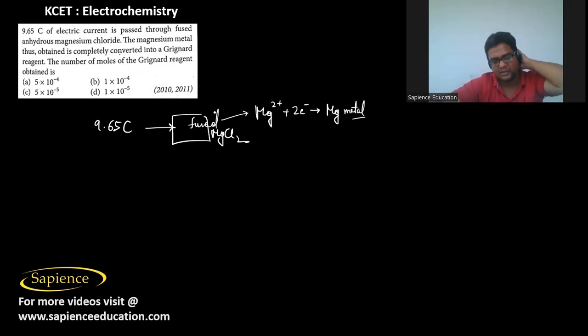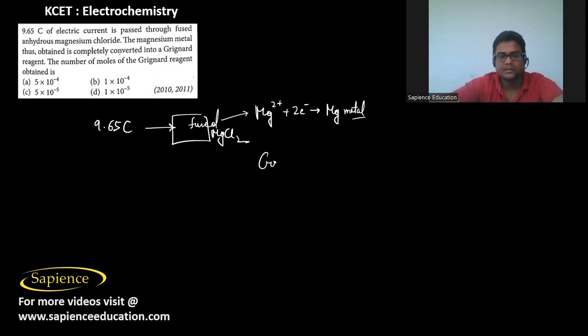The magnesium metal is obtained, since Mg2+ ion will gain 2 electrons to form magnesium metal. The magnesium metal obtained is completely converted into a Grignard reagent. The number of moles of the Grignard reagent obtained is?